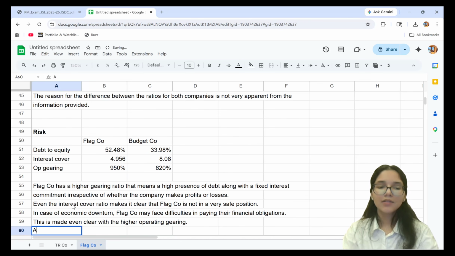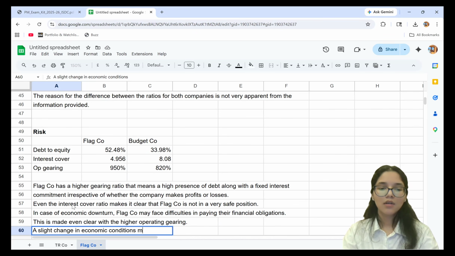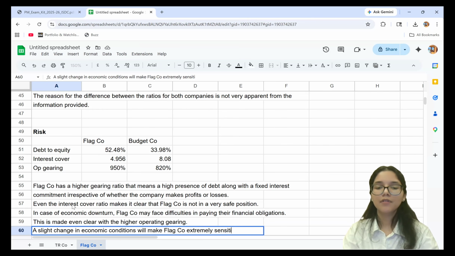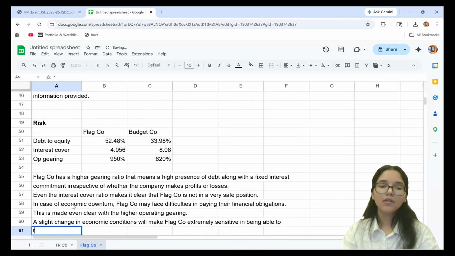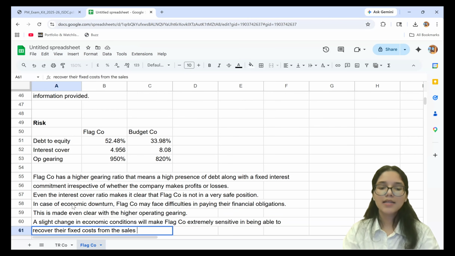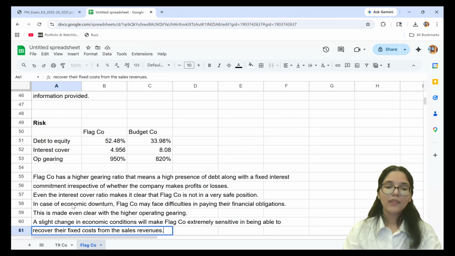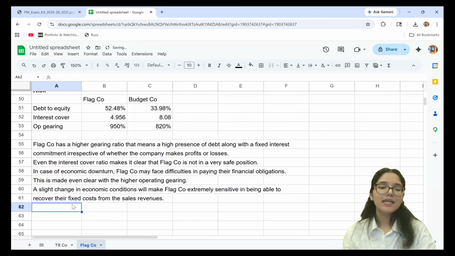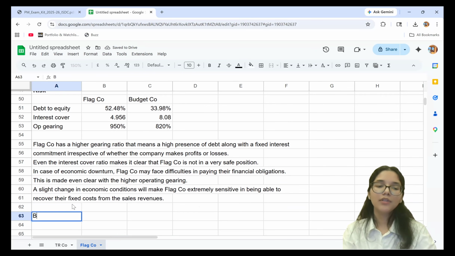A slight change in economic conditions will make flag company extremely sensitive in being able to recover their fixed costs from the sales revenues. Right? And then I can say the same thing about the budget company also.